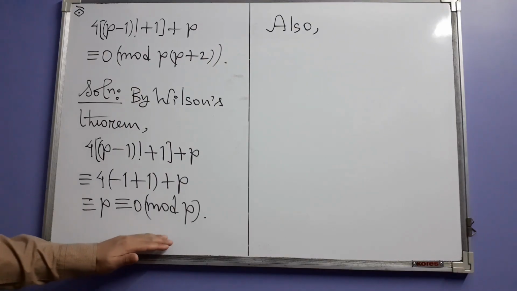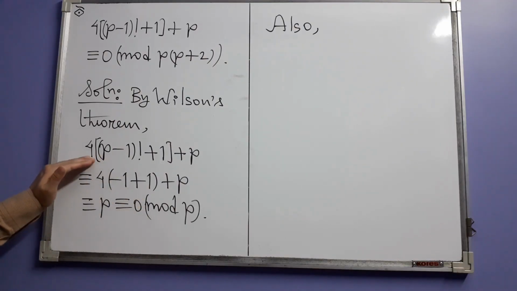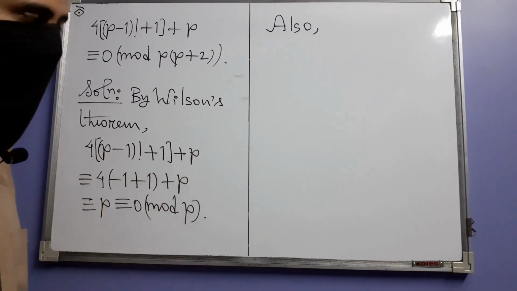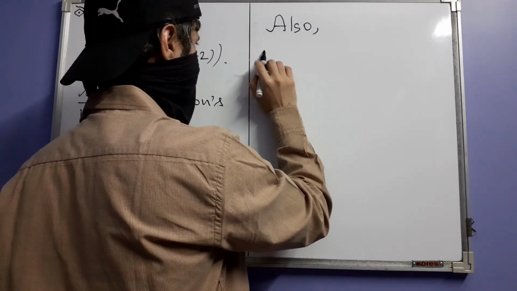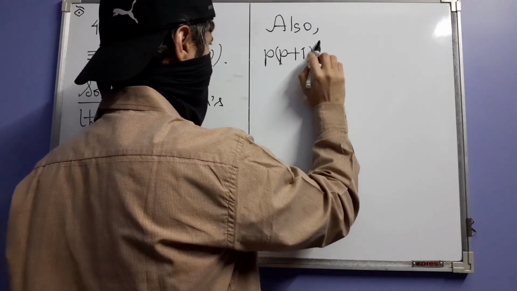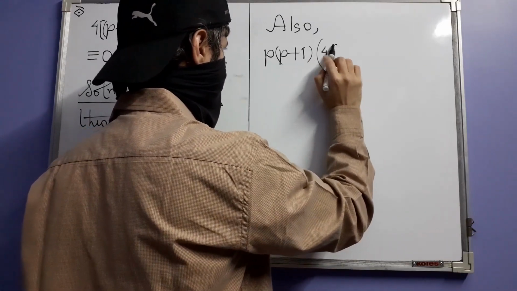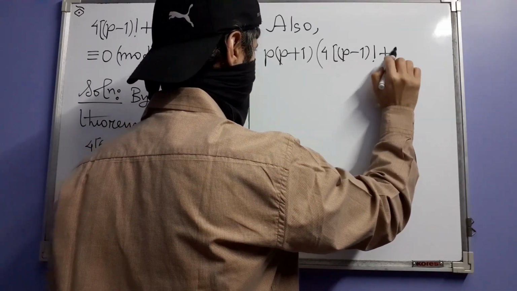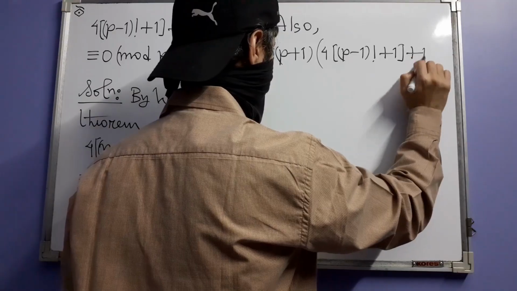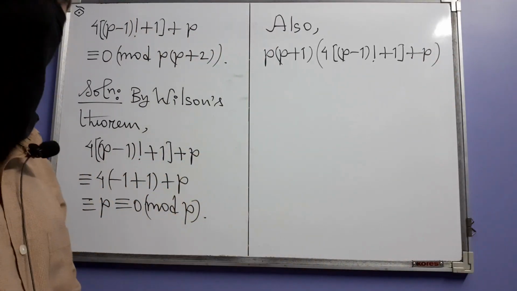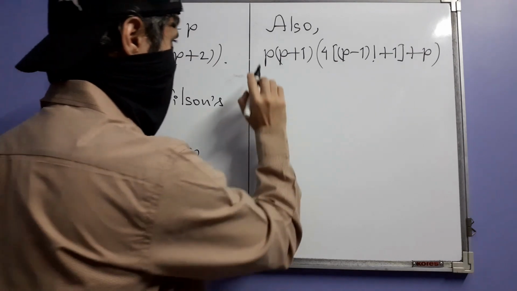For the modulus p plus 2, we won't write simply this, but with this we write something else also. We write p times p plus 1 and then we write that thing plus 1 plus p. Let's do the multiplication and see how it helps.